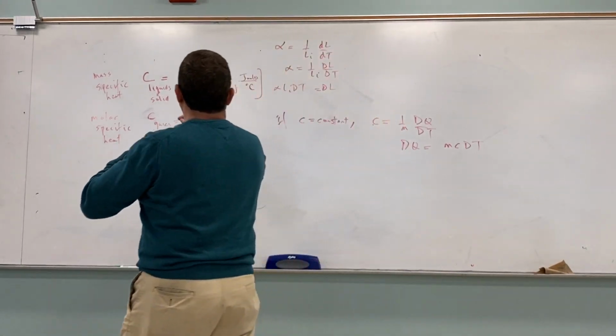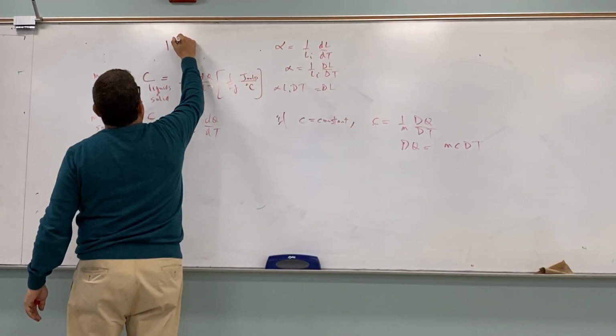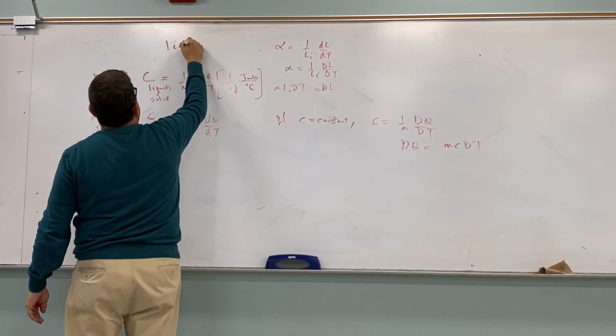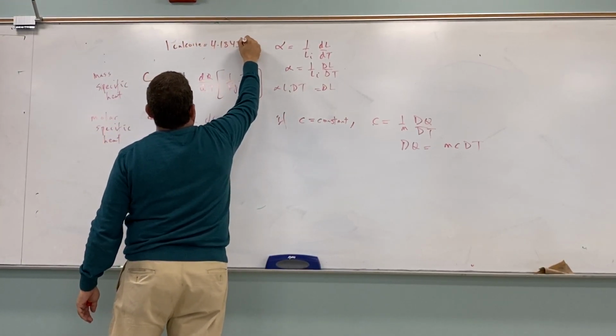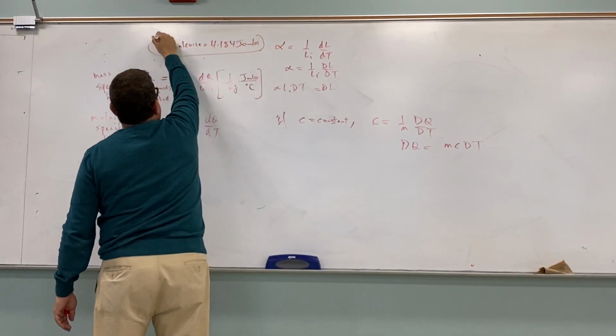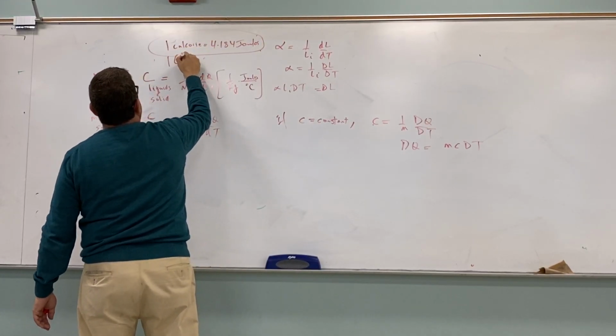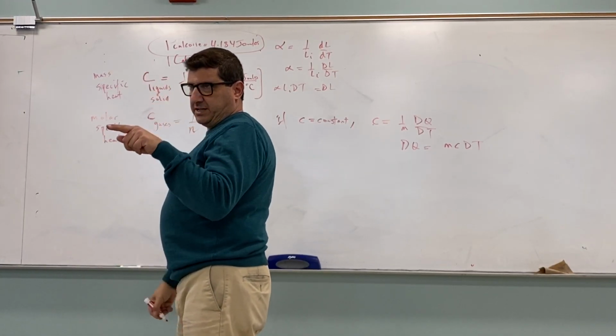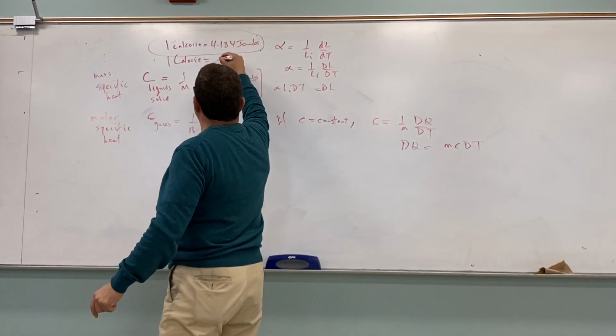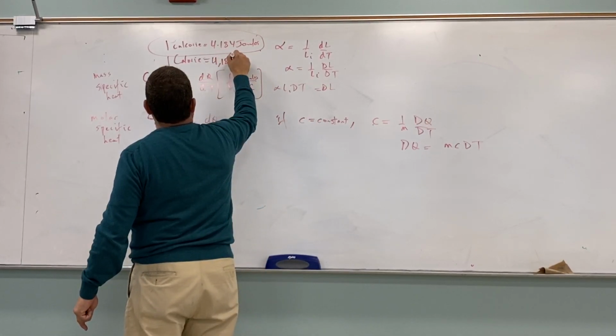The conversion between a joule and a calorie is that 1 small calorie is 4.184 joules. 1 food calorie, the food calorie is a capital C, right? 1 food calorie is 4,184 joules.